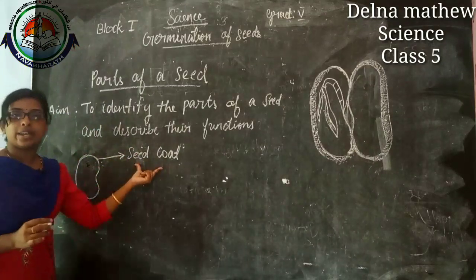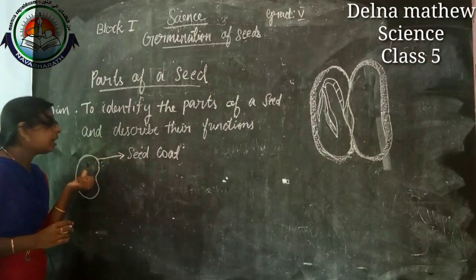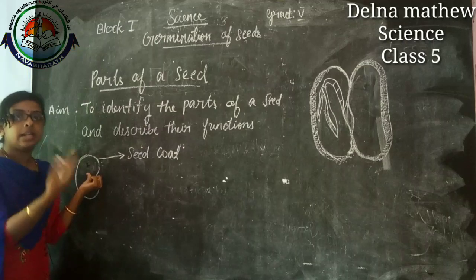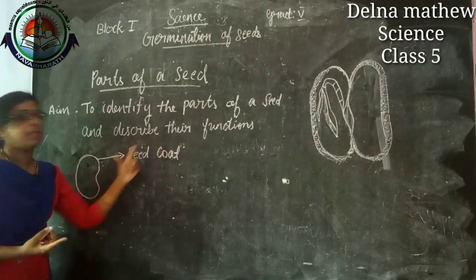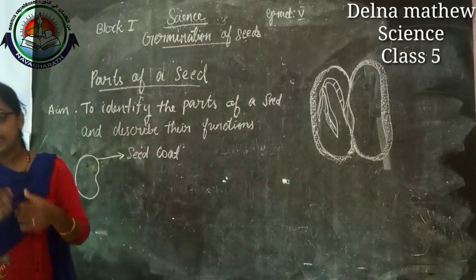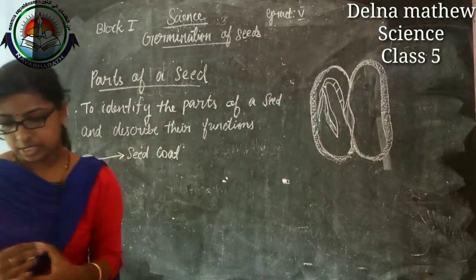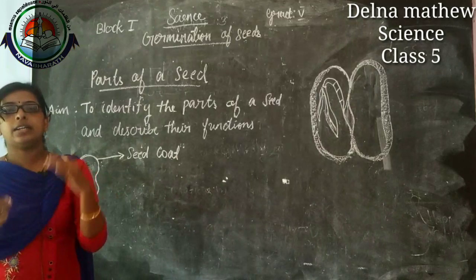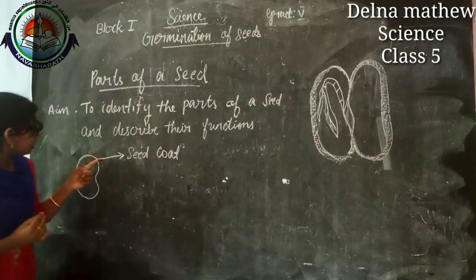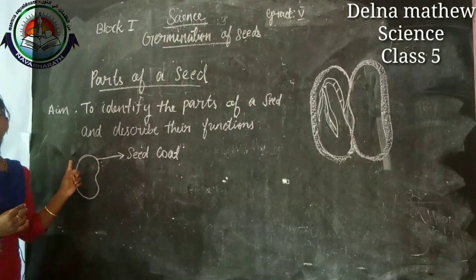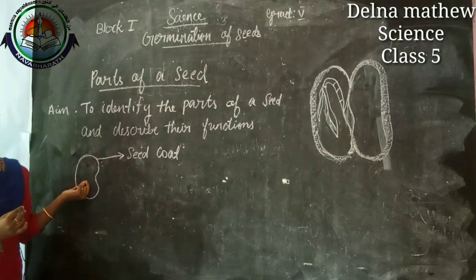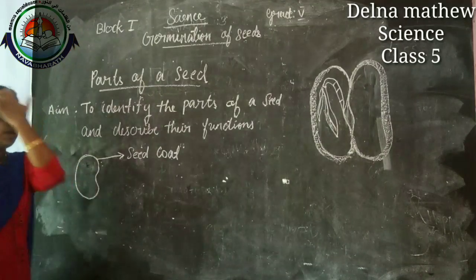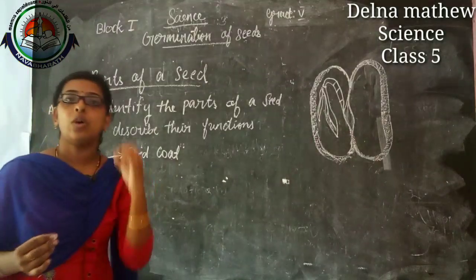This seed coat protects the inner part of a seed. It is a hard outer covering that protects the inner part of a seed. And the seed coat may be thick or thin.